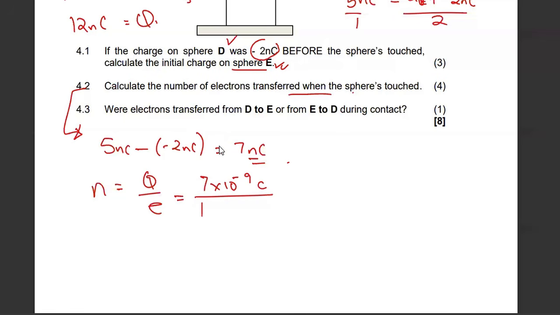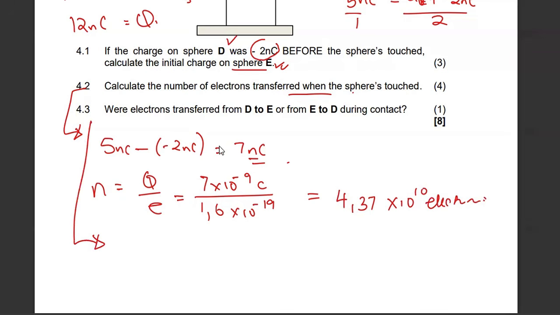1,6 times 10 to the negative 19. So when I punch this into the calculator, I'm ending up with 4,37 times 10 to the exponent of 10 electrons. And then 4.3, were electrons transferred from D to E or E to D?